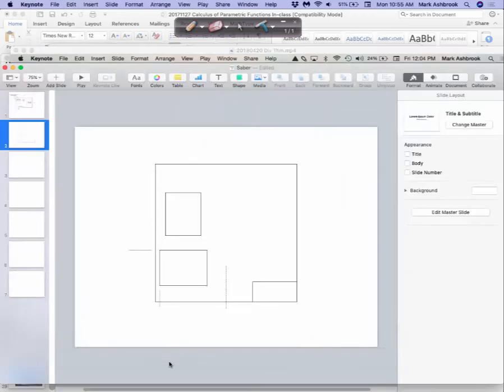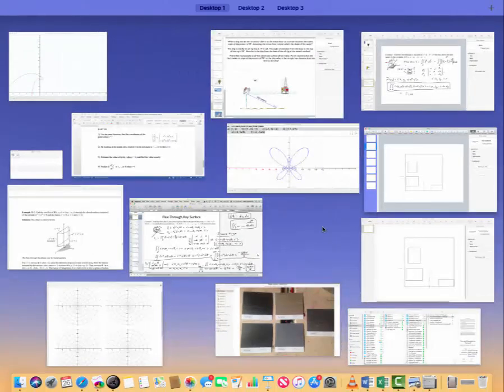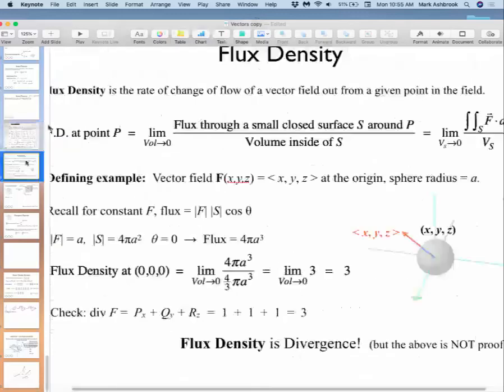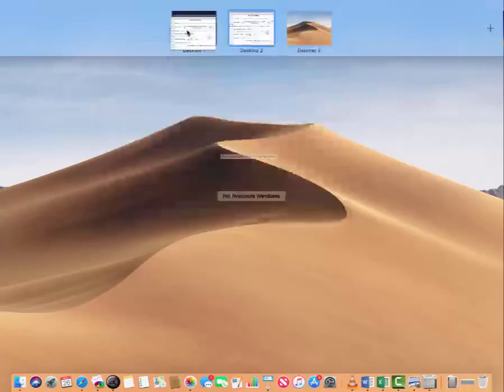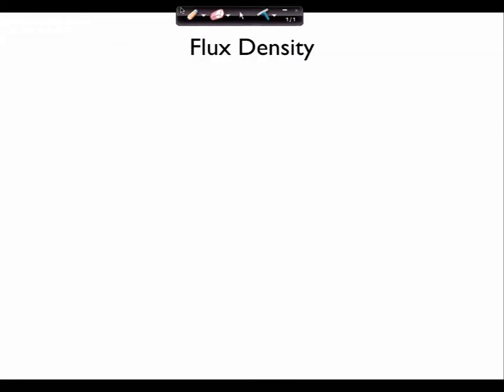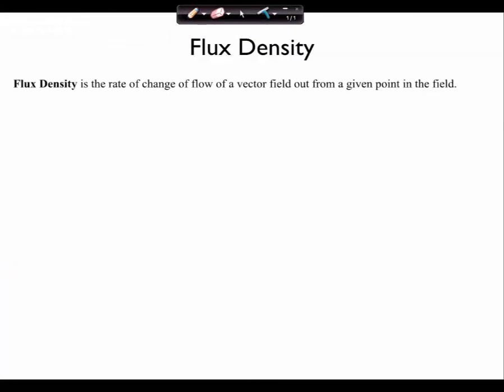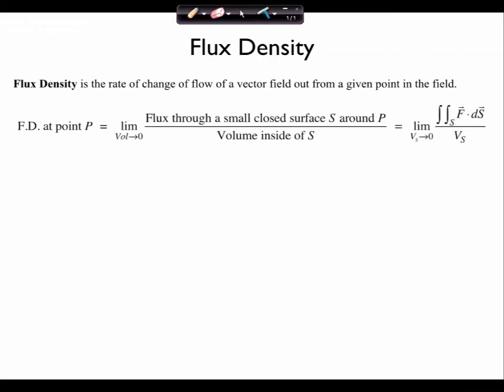All right, so let's talk about something called flux density. Flux density is the rate of change of flow of a vector field out from a given point.